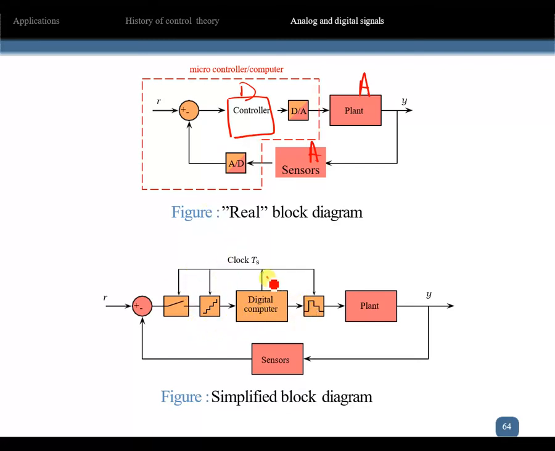Meaning, if you have a digital controller and analog elsewhere, you need to change digital to analog, which means you need a holder here. Where you have analog and want to change to digital, you need sampling. Quantization we eliminate. That means this converter is a sampling, with a TS, and this converter is a hold system.